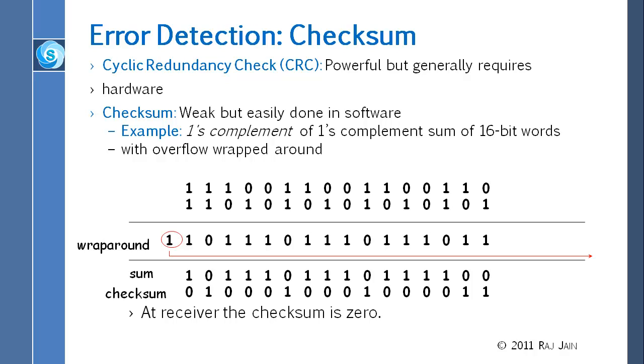Understand? This is an exercise you can do yourself and verify that this is true for these 2 numbers at least, and obviously it would be true for other numbers. So at the receiver you will take 3 numbers, 1, 2 and the checksum, sum them up, wrap around, complement, and the net result would be 0.